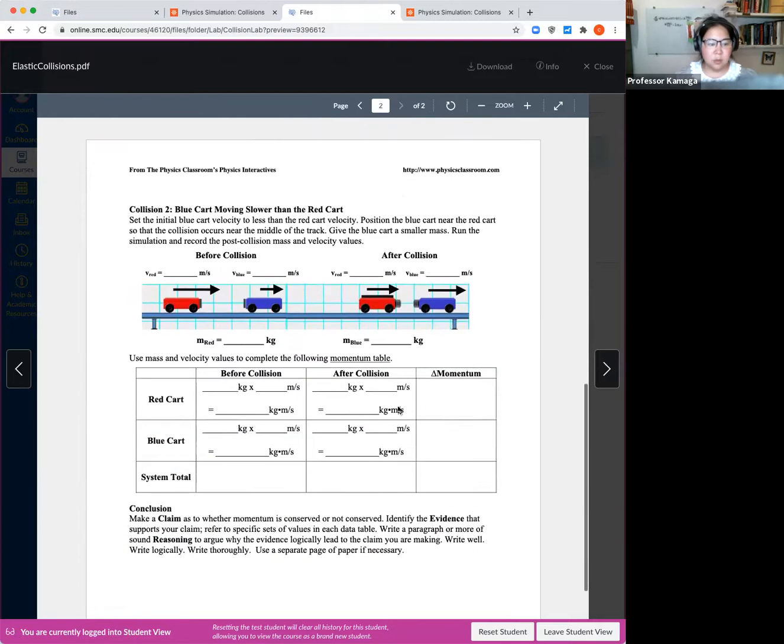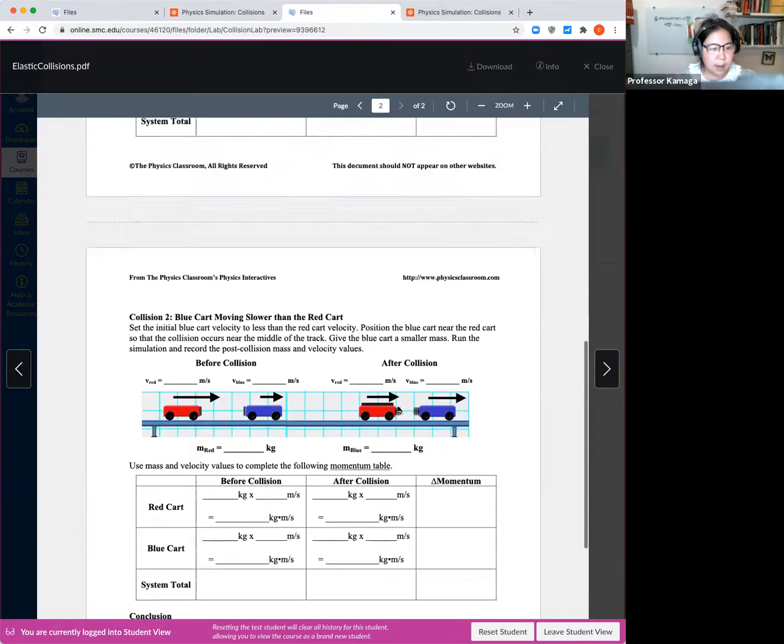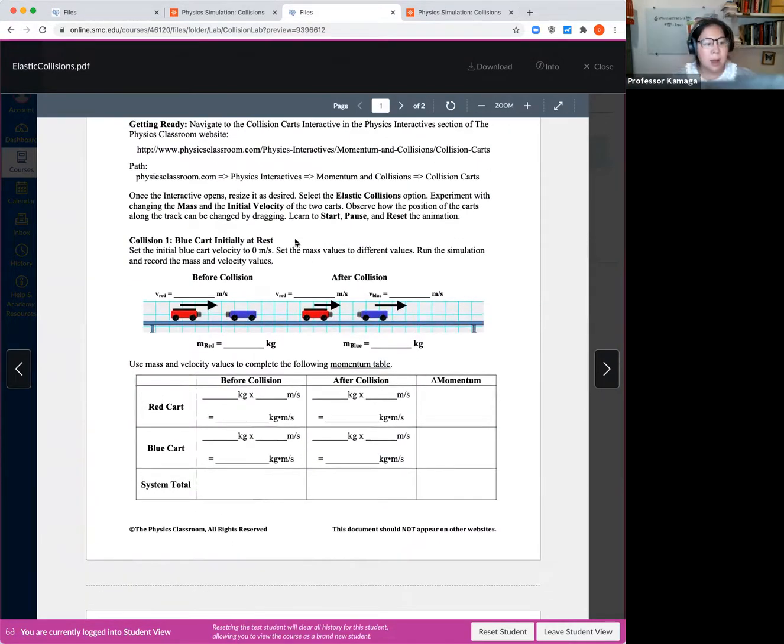So it's very straightforward. After that, oh, I apologize. You don't get to choose what you want to do. Sorry. Big apology. You always should read before you start. So collision one. First, I want you to have a blue card initially at rest.